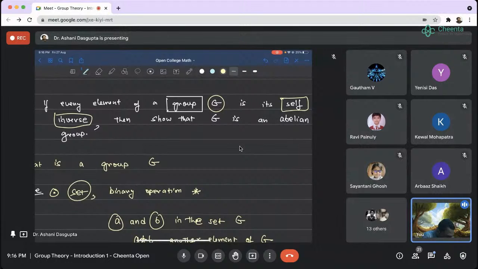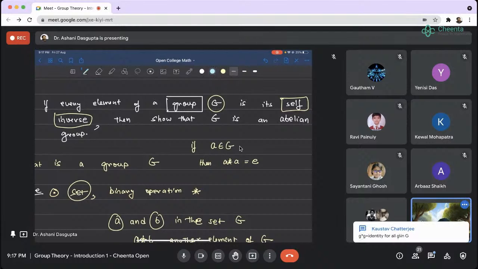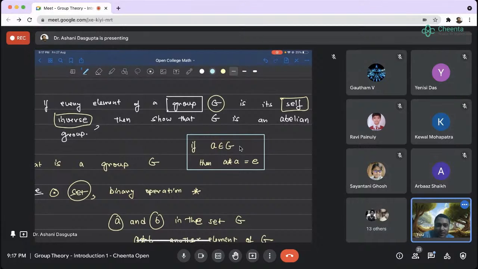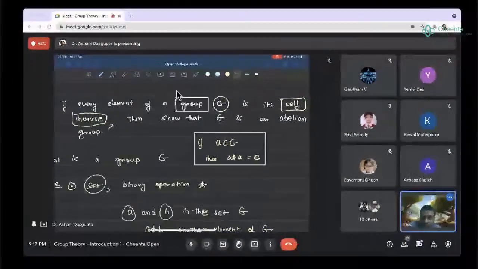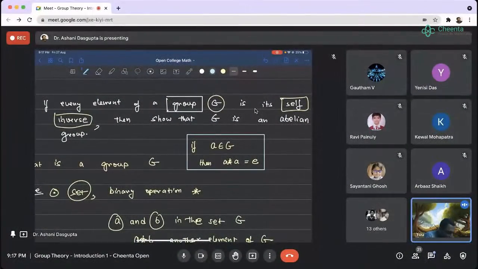The property is that if A is in G, then A star A is the identity. Now I'll tell you a very interesting fact here. This is a kind of situation that sometimes makes group theorists very uncomfortable. These are sometimes known as torsion elements.